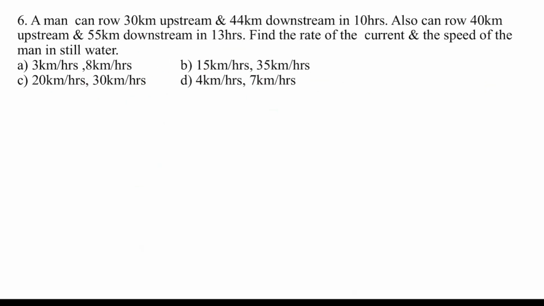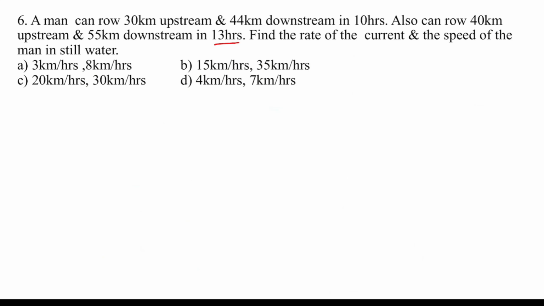A man can row 30 km upstream and 44 km downstream in 10 hours. Now we have different distances. He also can row 40 km upstream and 55 km downstream in 13 hours.